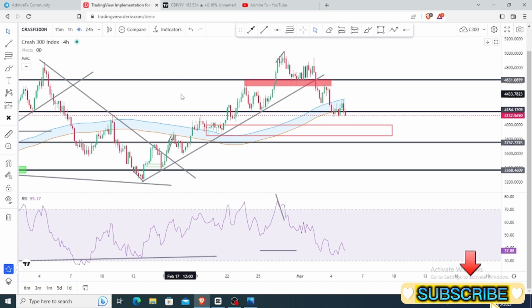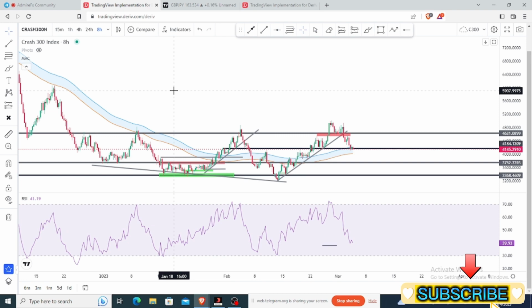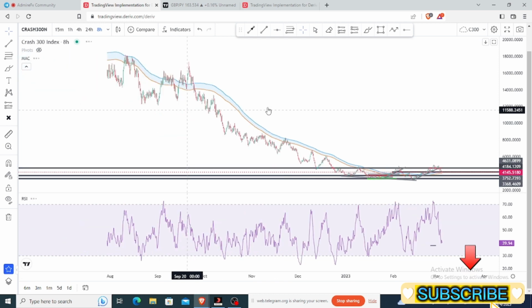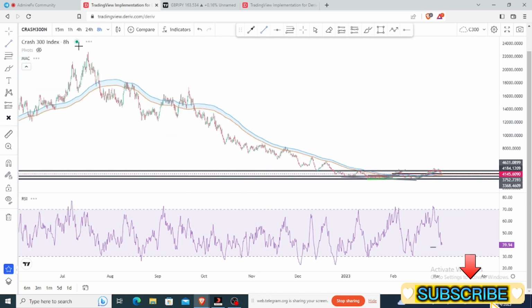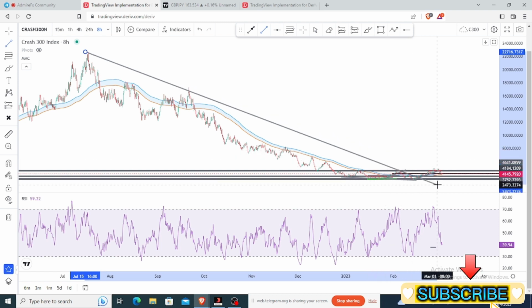So without further ado, let's get over to the business of the day. Alright, so this is a Crash 300 8-hour time frame. If you squeeze this screen, you're going to see Crash 300 has been on a very nice downtrend since last year.